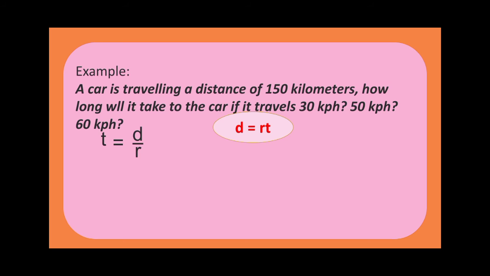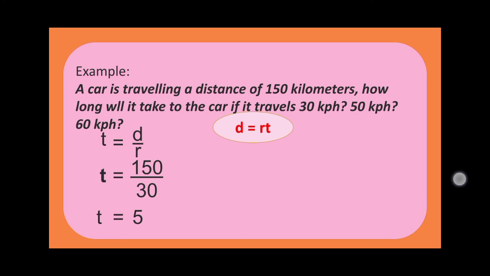Then, substitute lang. So, t is equal to d, which is 150 kilometers. Then, r is 30 kilometers. Then, divide 150 by 30 to get t. t now is 5. So, ibig sabihin, the car will travel 150 kilometers within 5 hours.